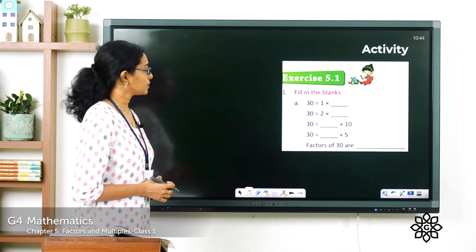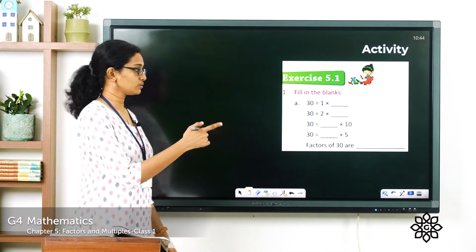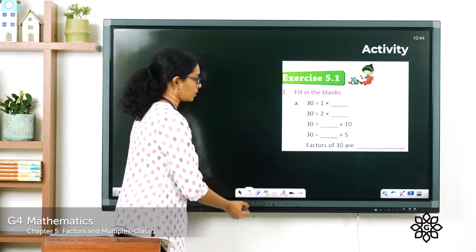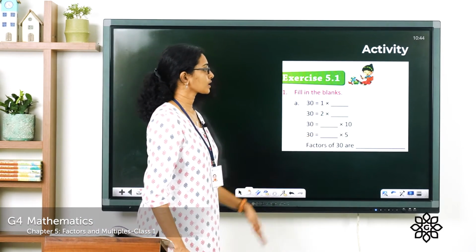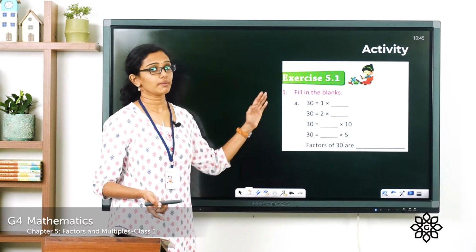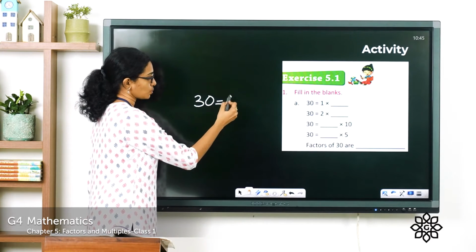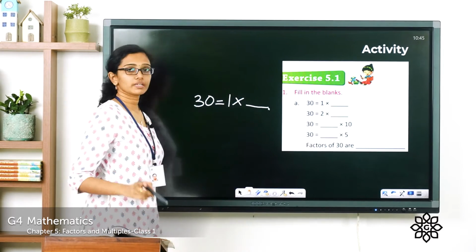So the first question was fill in the blanks. Question A is 30 is equal to 1 into dash. Let's see how we can solve it. We have already learned how we can write division facts if a multiplication fact is given, right? So if we have 30 is equal to 1 into dash, how can we write the division facts?